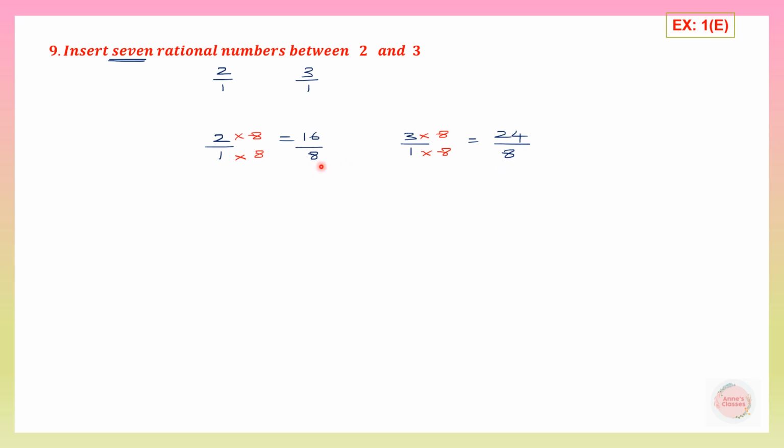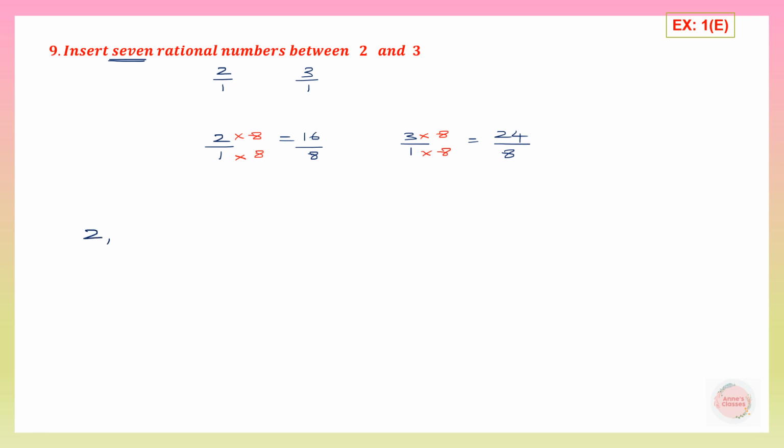Now all rational numbers after 16 by 8 up to 24 by 8 will come in between 2 and 3. That means 17 by 8, 18 by 8, 19 by 8 and so on. So let's write down the first rational number, 2.